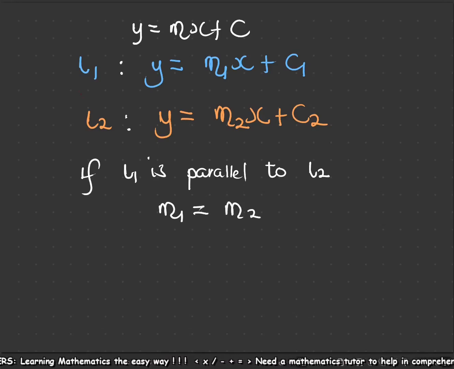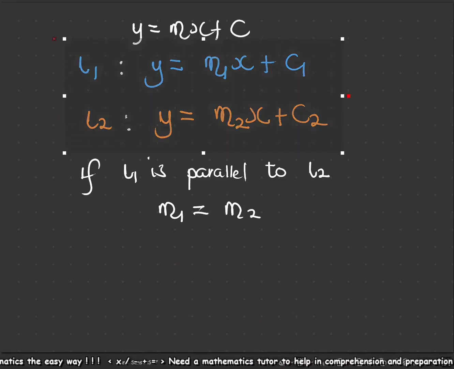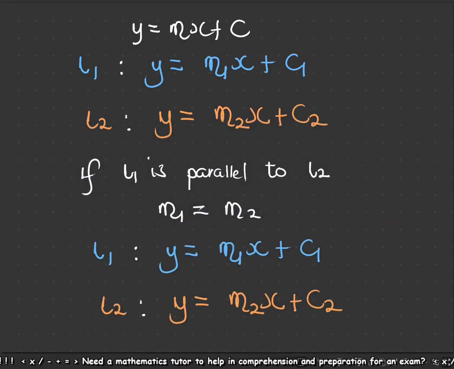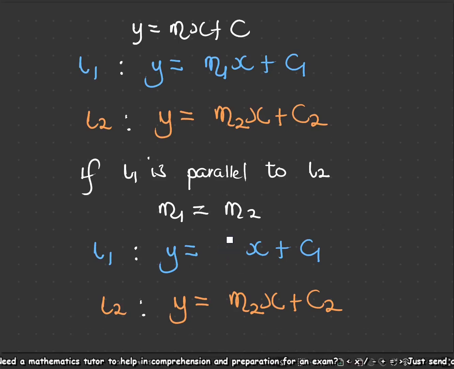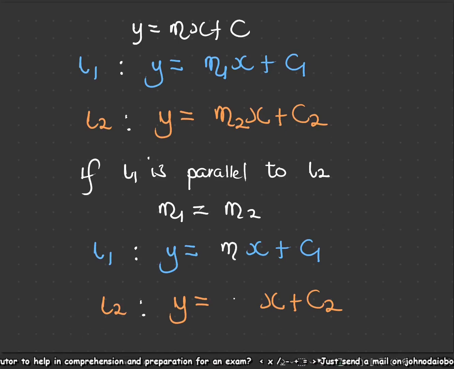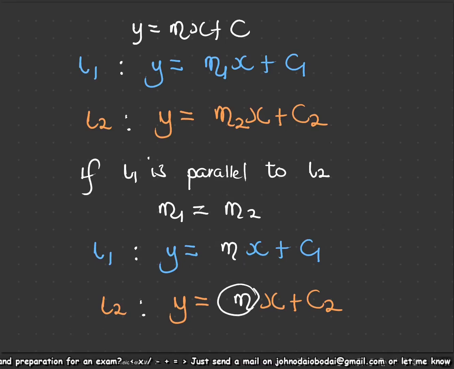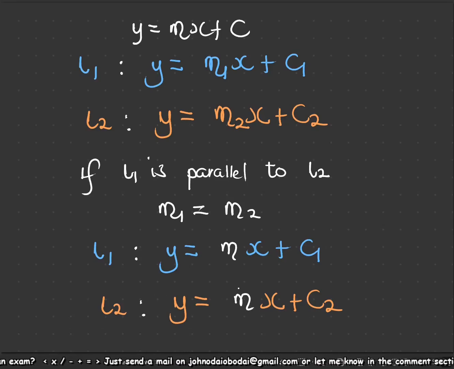And if m1 is equal to m2, and they are all the same, then we can rewrite these two equations of the line with the same m. There's no need differentiating their m, which means I can substitute it here and then I'm on my way looking for the equation of this line.